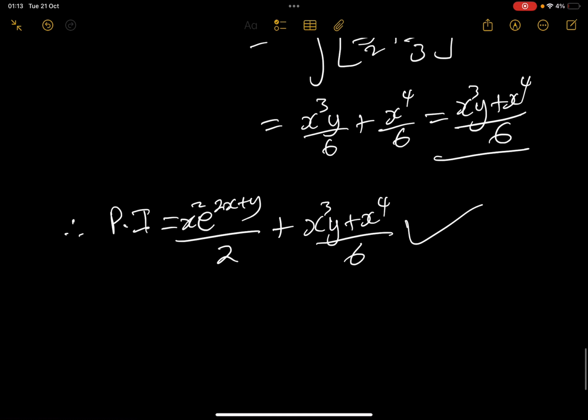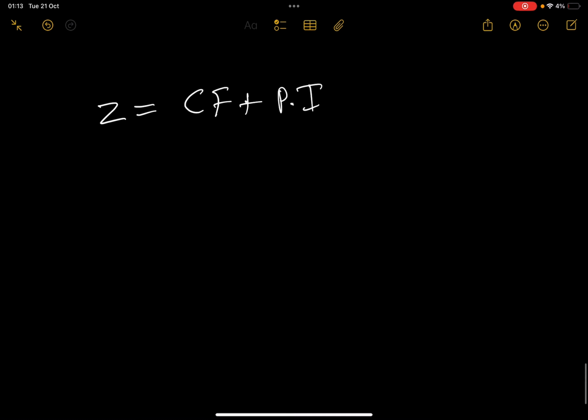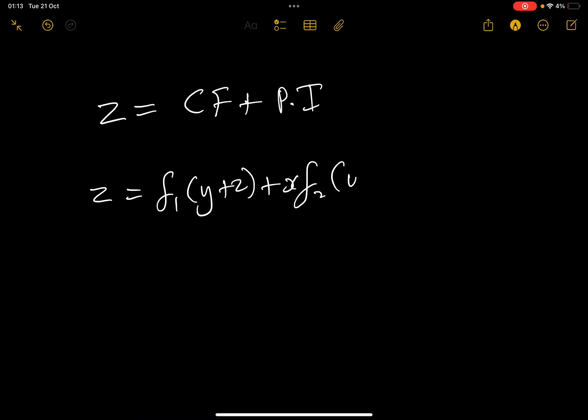So our general solution should be the complementary function plus the particular integral. The complementary function we got is f1(y + 2x) plus x f2(y + 2x), like this.